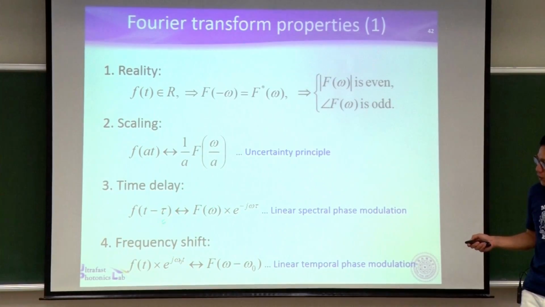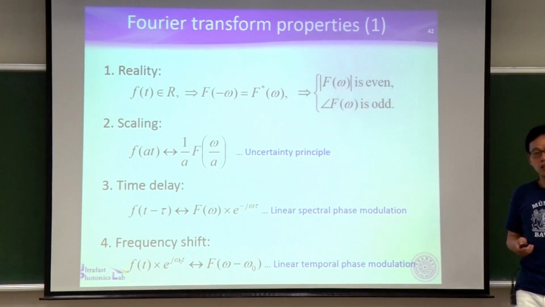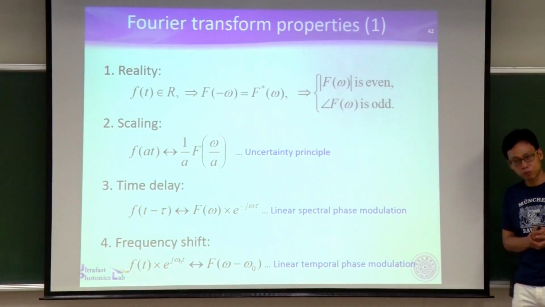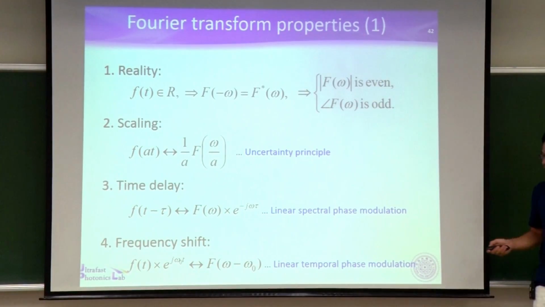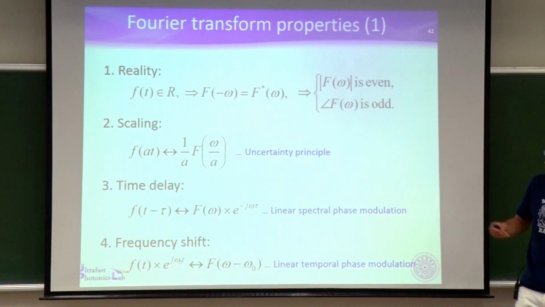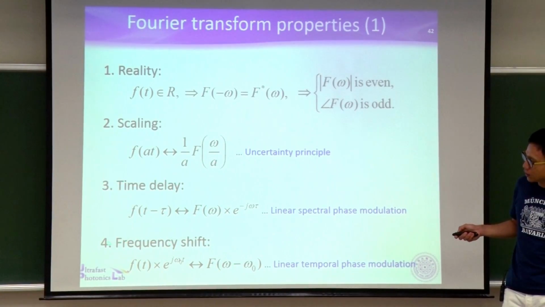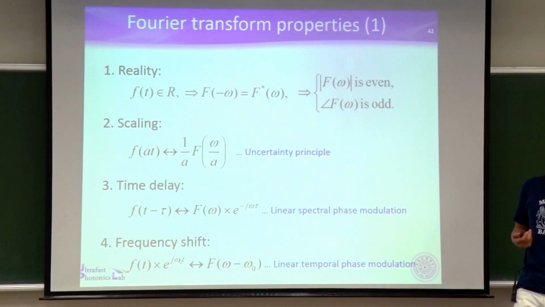Very similar to number 3. This time, you have a pure phase modulation in the time domain, and it's also a linear phase modulation because your phase is omega 0, a constant, times a linear function of time, t. So you have a linear temporal phase modulation performed such that you get a frequency domain shift. So property number 3 and number 4 are just counterparts.